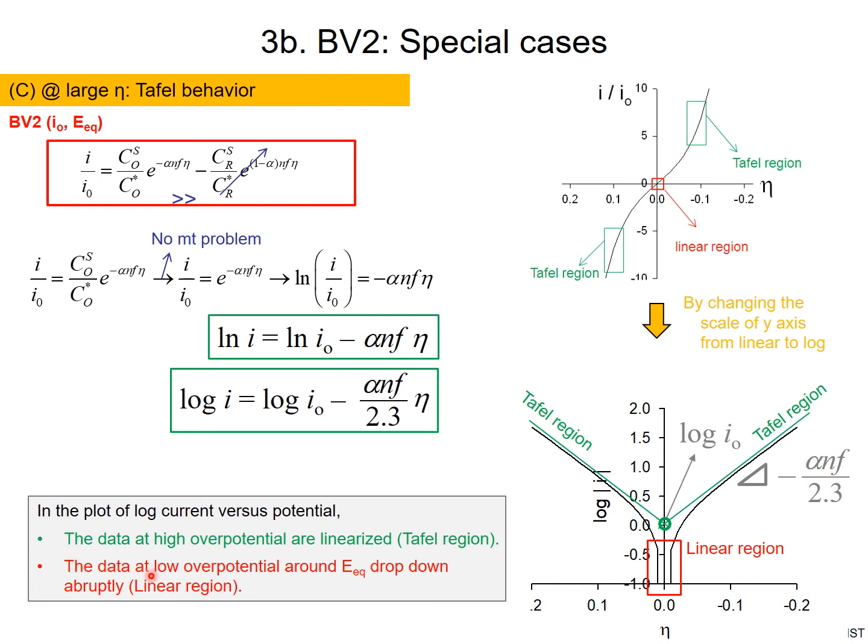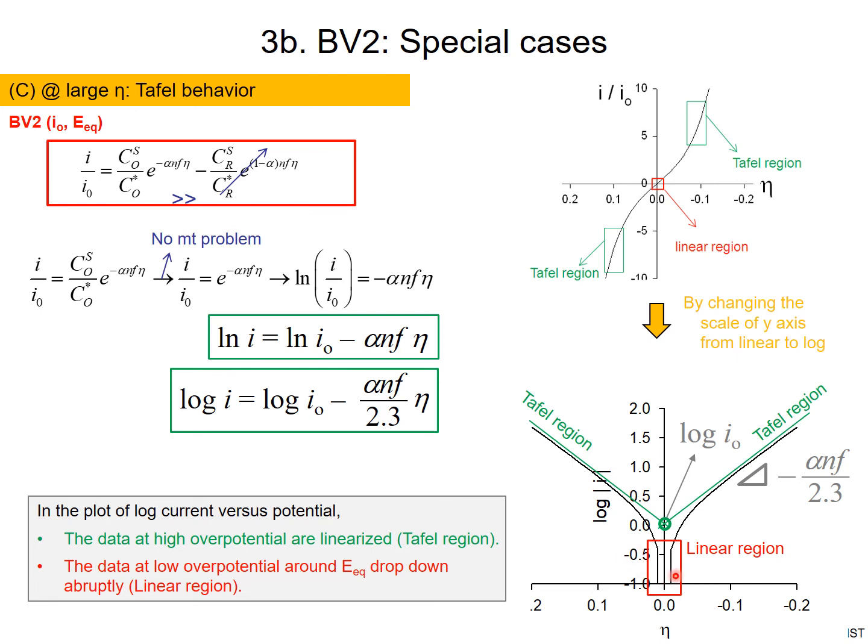The data at low overpotential around the equilibrium potential drop down abruptly in the plot of log current versus potential. Of course, in the original curve of current versus overpotential, this is the linear region. However, in the log scale for the current, this linear region is converted to the drop-down region.